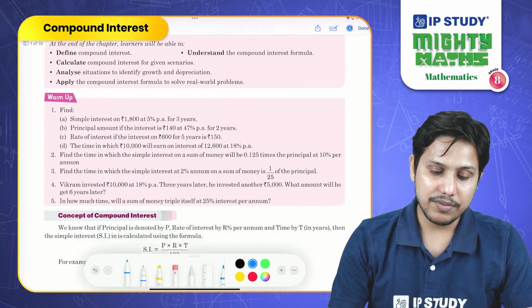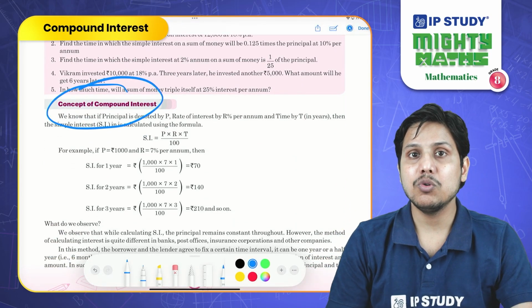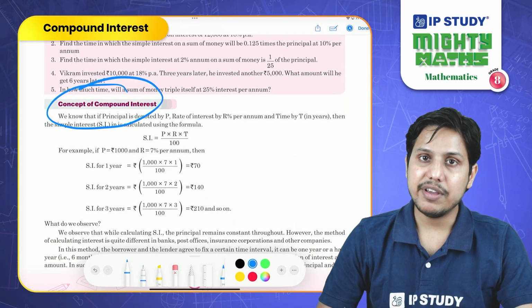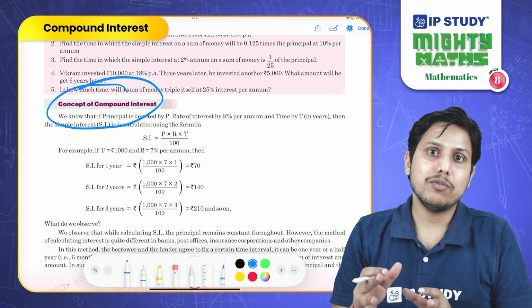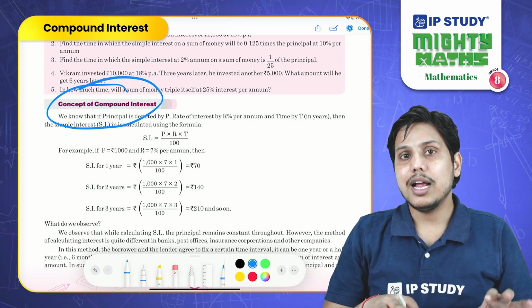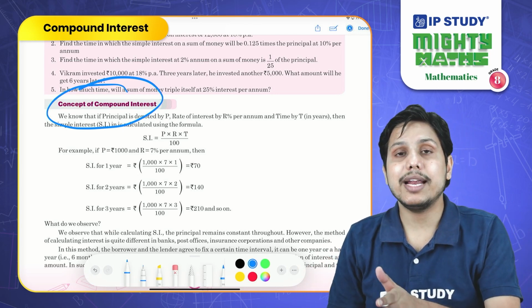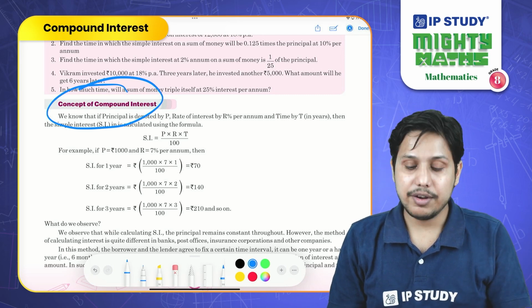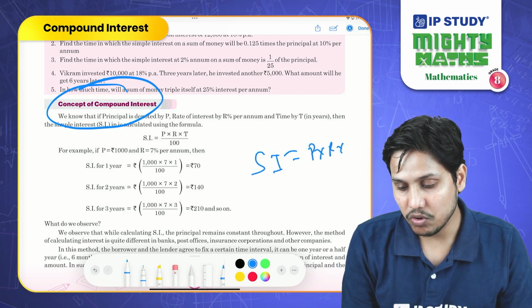So let's start with the first topic, concept of compound interest. Students, we know what is a simple interest that we have already understood in our previous class, where interest was calculated on the principal amount. Let's suppose we have 1000 rupees and it was given to someone at the rate of 10% per annum for 2 years. Then we use the formula of simple interest, which is equal to P times R times T over 100.